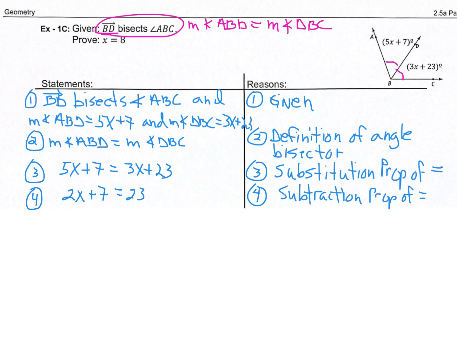Okay, then you're going to subtract 7 from both sides. So again, the subtraction property. And that's going to equal 16.